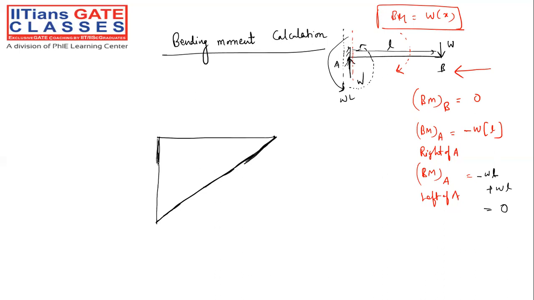And what is this particular value, my friend? The value will be minus W into L. It is 0 at the other end. This will be your bending moment diagram. Very, very important. Please make a note of it.